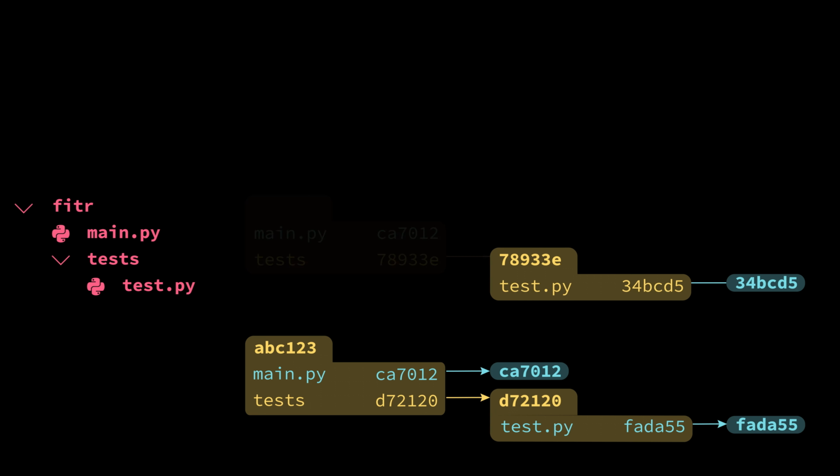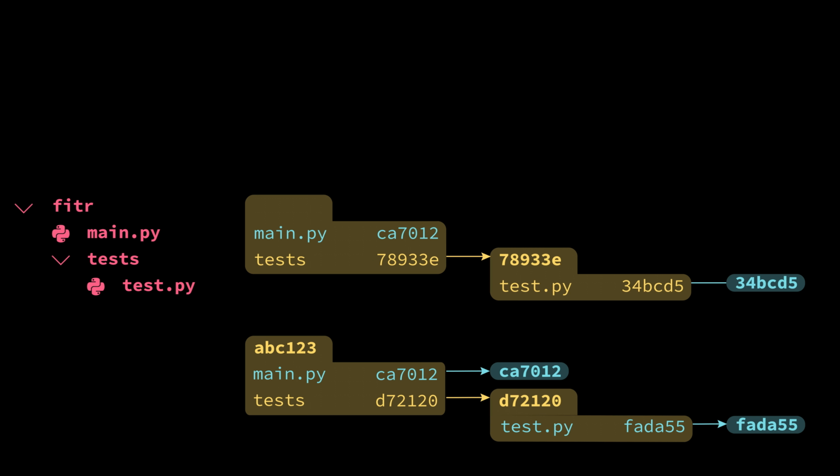Then we need to plug this new checksum in the root tree, and we have a different tree again, also with a new checksum. This is really cool. What this means is that if any file anywhere in the project changes, the way checksums cascade all the way down to the root tree means that the root tree checksum will also change. So if any file changes, you always get a new root tree.